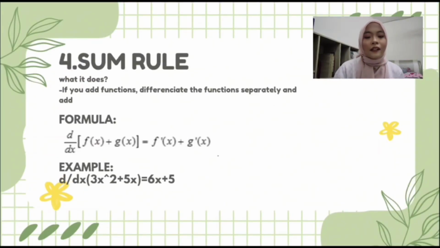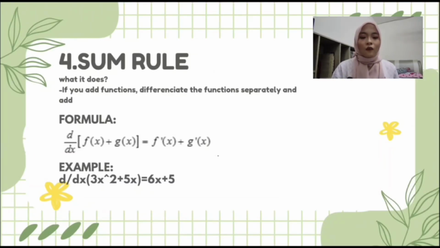Next is the sum rule. If you add functions, differentiate the functions separately and add. The formula is like being given on the slide. For the example question, y equals 3x power 2 plus 5x, you have to differentiate the first function, which is 3x power 2, and it becomes 6x.